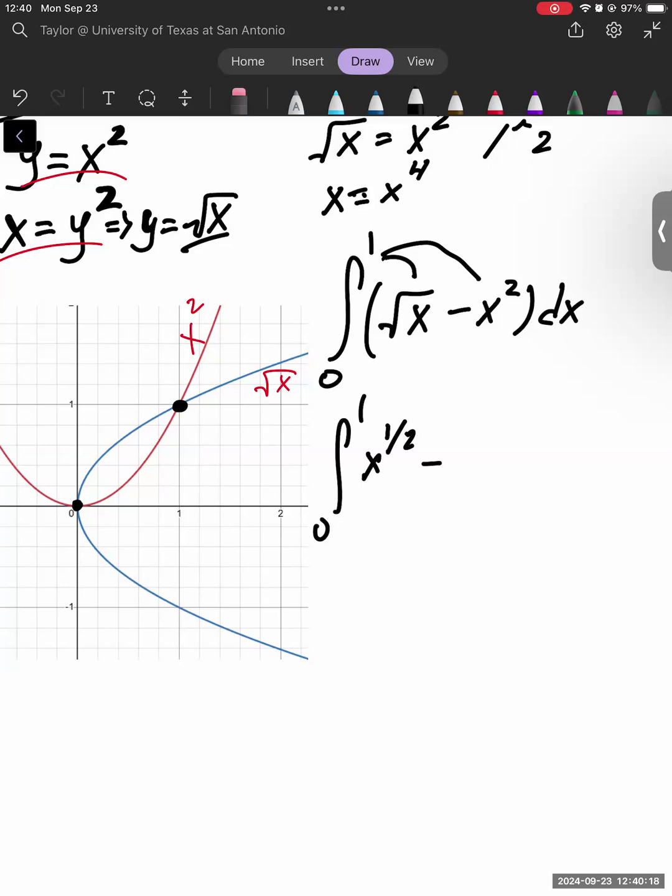Either way is fine. One integral sounds good. Okay, x squared dx. All right, so what do I get for this expression?